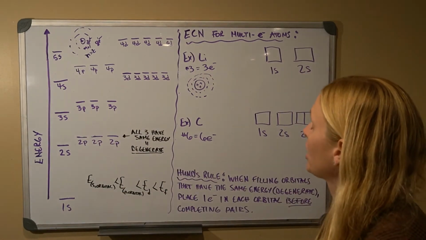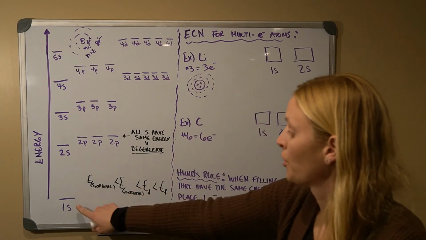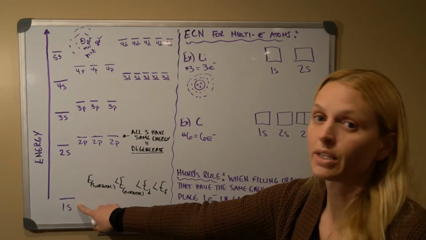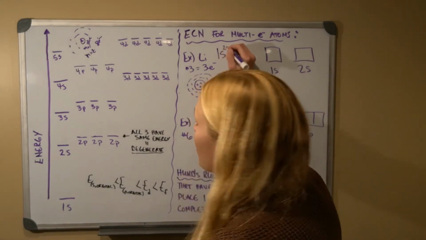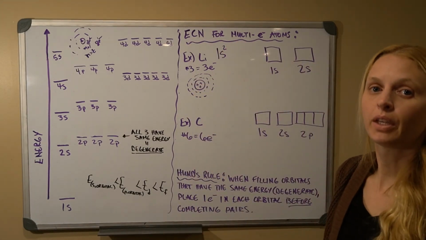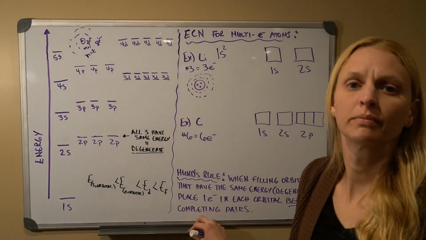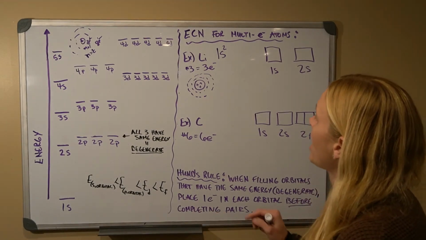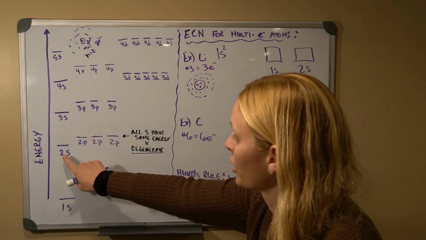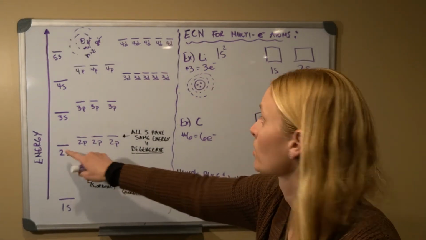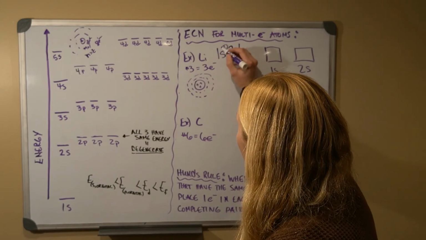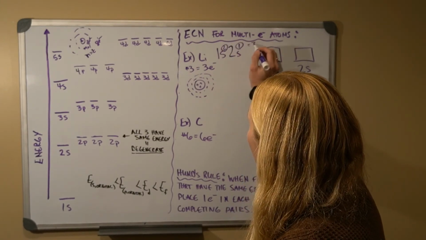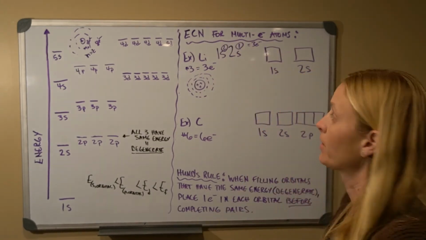Lithium has 3 electrons, so 2 of them go in the 1s, giving 1s2. The third one goes in the 2s, so 2s1. 2 plus 1, we have 3 electrons.